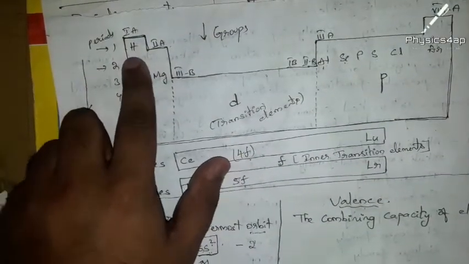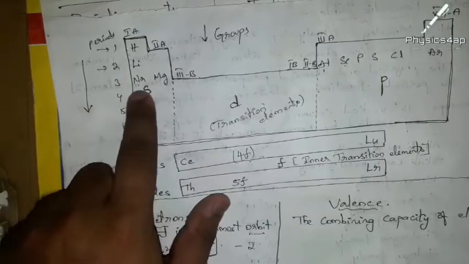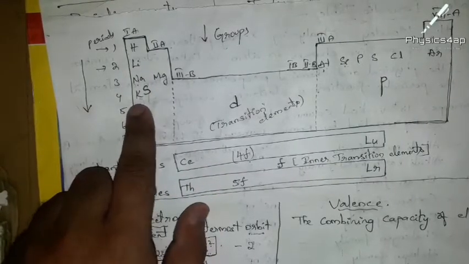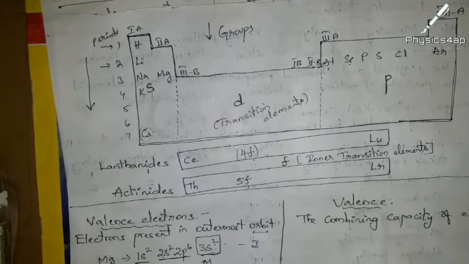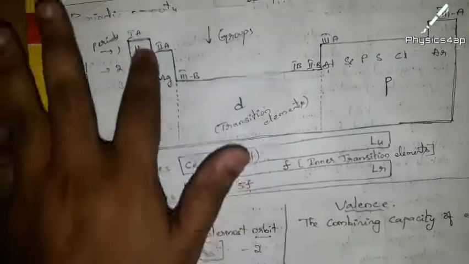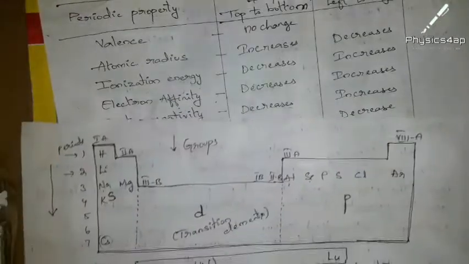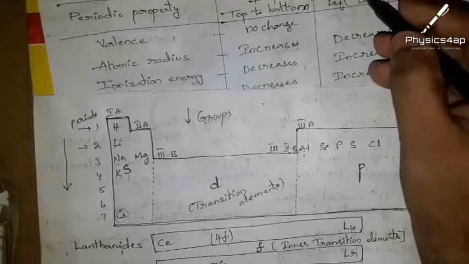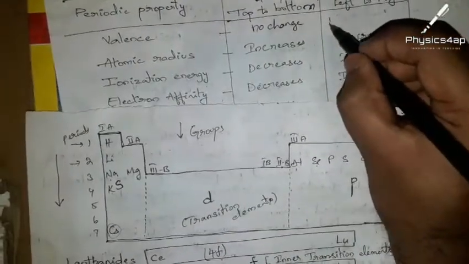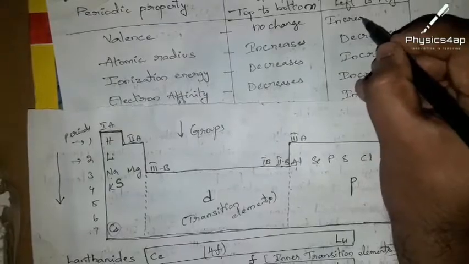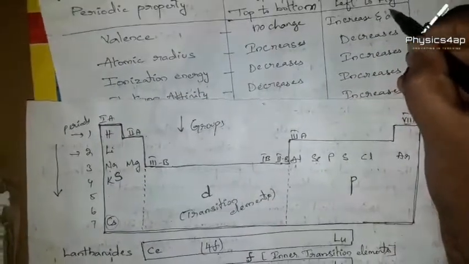But in a period, from left to right, it increases and then it decreases. From here we get plus 1, plus 2, plus 3, plus 4, then minus 3, minus 2, minus 1, and finally in group 8 it gets 0. That is what we call a decrease.